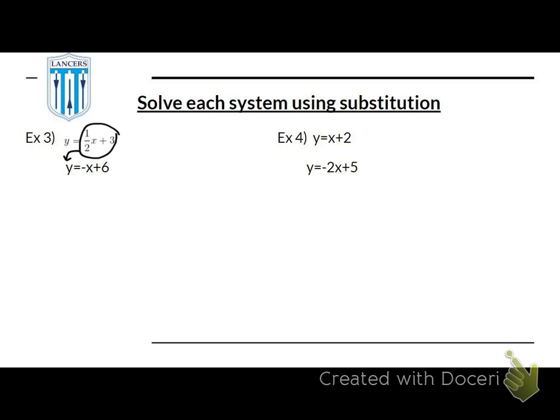So we can go straight to having 1/2 x plus 3 equals negative x plus 6. Questions about substituting into the y? Okay.